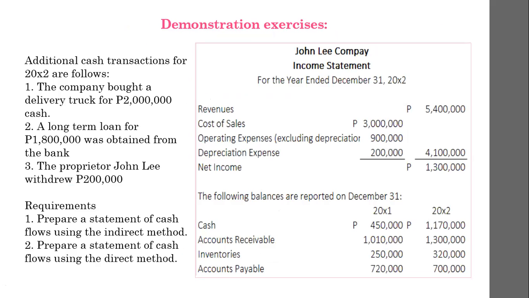Okay? So, ito po yung illustration, demonstration exercises para mas ma-clear po natin. Sabi ko kasi sa inyo, na-mention ko na kanina, na yung mga accounts po ay given na. So, katulad nito, income statement. So, given na po yung mga different accounts.